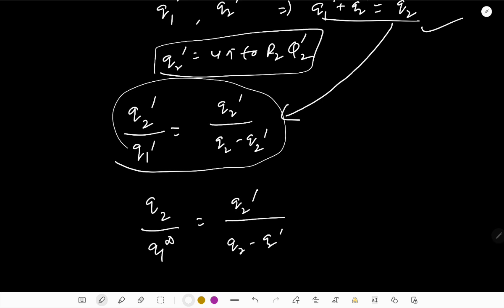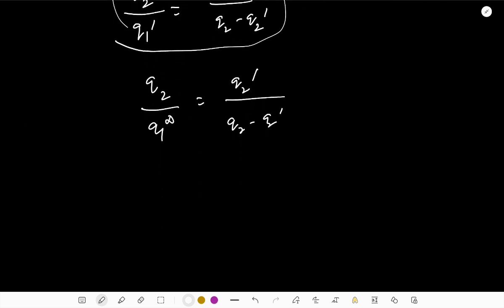That means we get a relationship like q1 infinity will be q2 by q2 dash minus 1, and we already have the value of q2 dash.